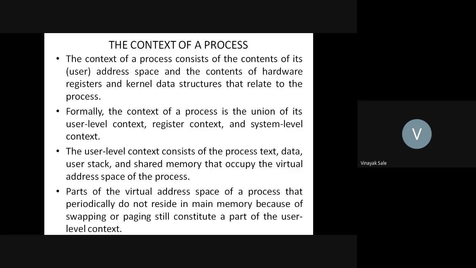The context of a process contains three parts: the user address space, the hardware registers, and the kernel data structures which relate to the process. Formally, the context of a process is the union of its user level context, register context, and system level context, that is, kernel data structures.